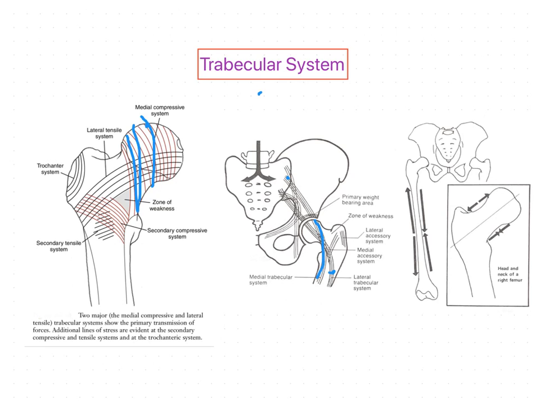So it is not only present in the cancellous bone, but it reaches the cortical bone of the superior aspect of the femoral head. The medial system of trabeculae is oriented along the vertical compressive forces passing through the hip joint. Here you can find the forces coming from the acetabulum are first taken over by this medial trabecular system.